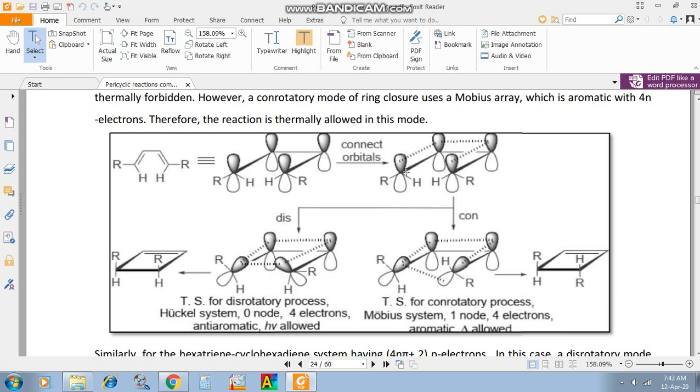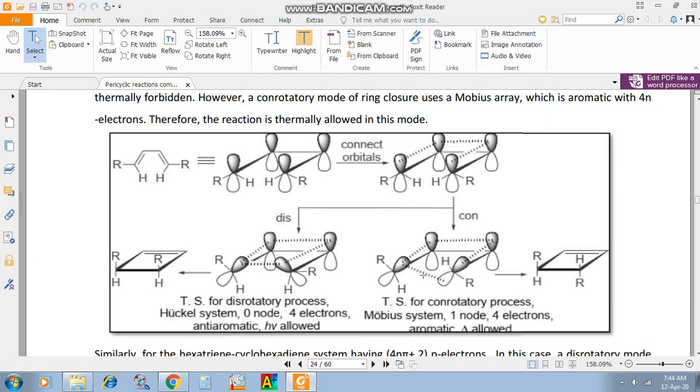Here you can see that this orbital is a shaded lobe and this orbital has the unshaded lobe which is interacting here. All of the others are unshaded lobes, there is no node, so they favor bonding, whereas here a shaded lobe is interacting with an unshaded lobe, which means that there is one node, one phase dislocation.